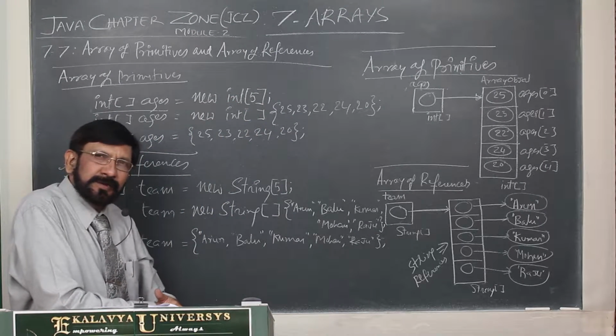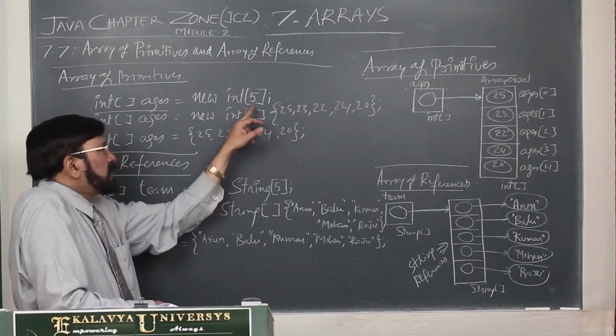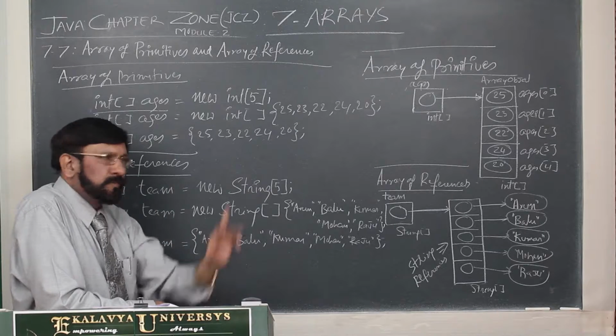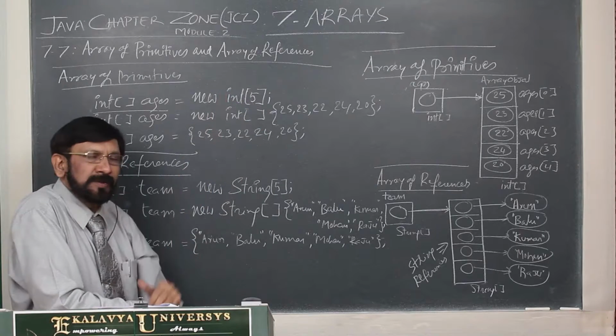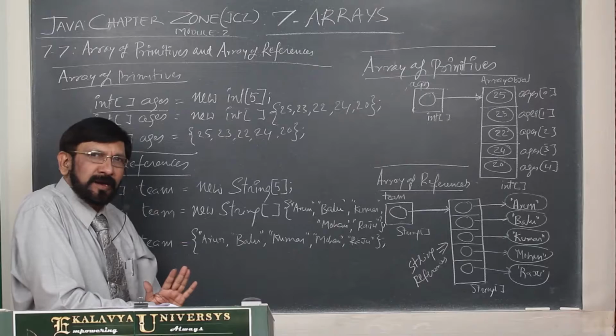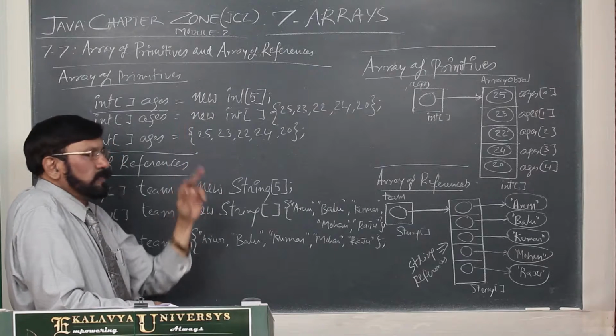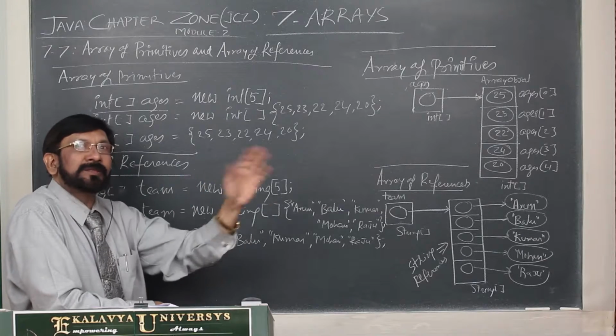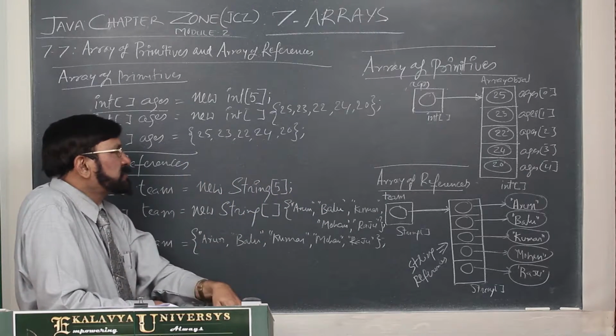What is the size of int? You know that it is 4 bytes. Now how many elements do you require? 5 elements. 4 bytes and 5 elements, 20 bytes are allocated. New allocates 20 bytes of memory on the heap. That point you have to understand.